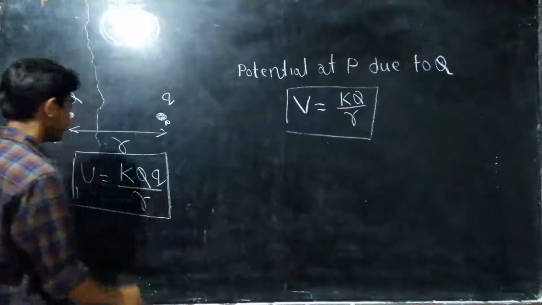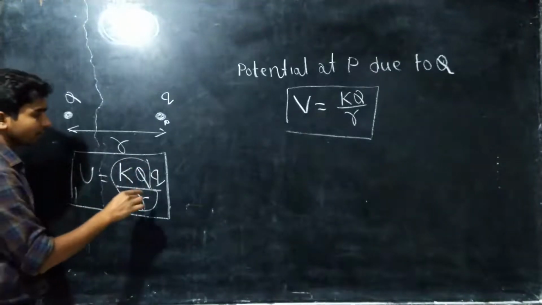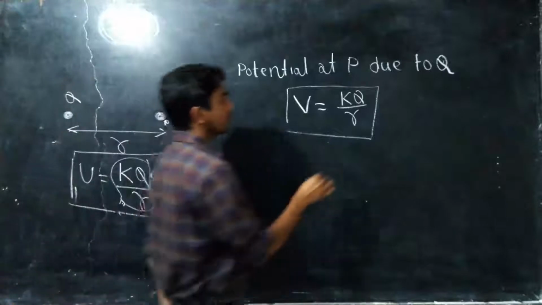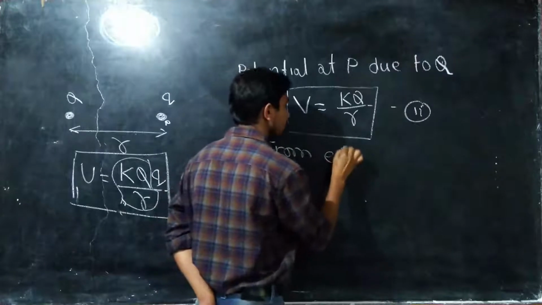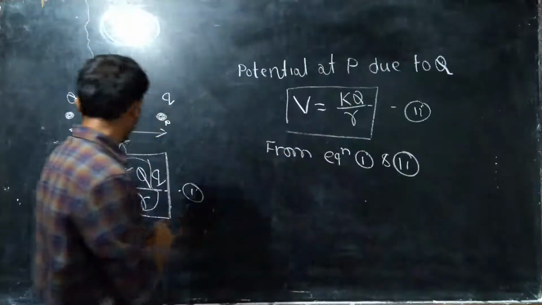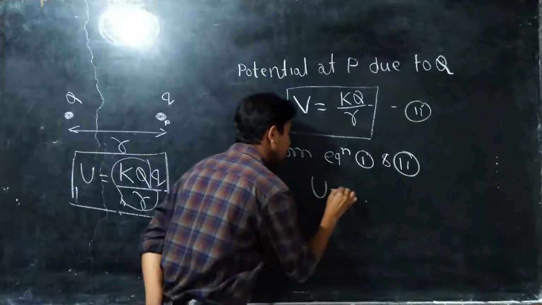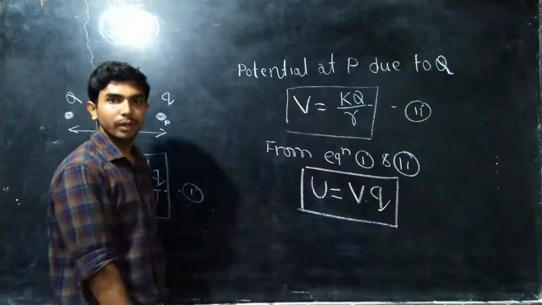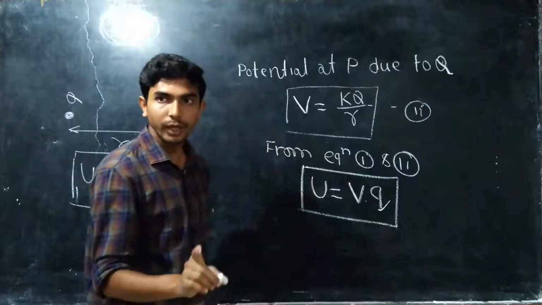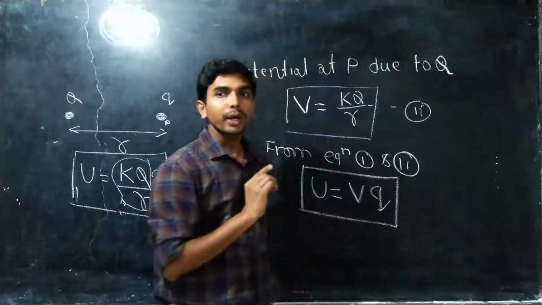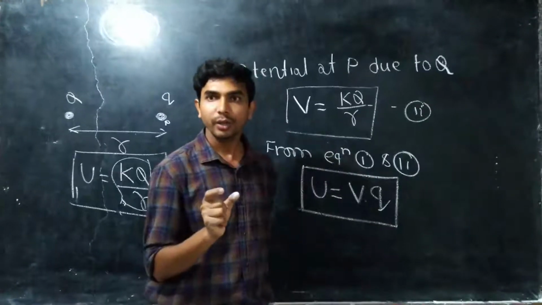Now you can see here this term is your V, yes or no? This term is your V. Suppose this is your equation 1 and this is your equation 2. So from equation 1 and 2, this quantity is your V. We can write finally U is equal to V into Q. So suppose the potential of a point is known, then you are able to calculate the potential energy of any charge at that point.